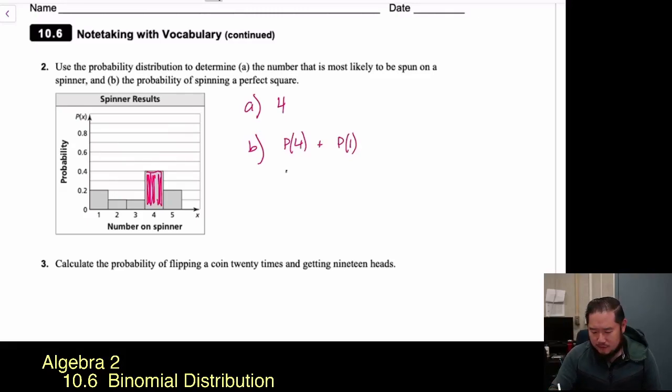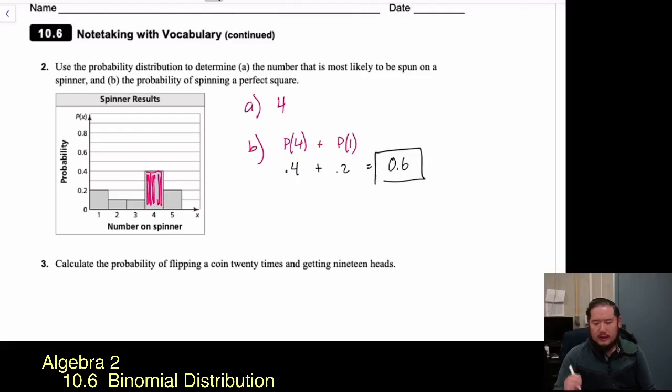The probability of 4 is 0.4 and the probability of 1 is 0.2. Put together, that gets us 0.6. That is the probability of spinning a perfect square based on the spinner results. Just that simple.